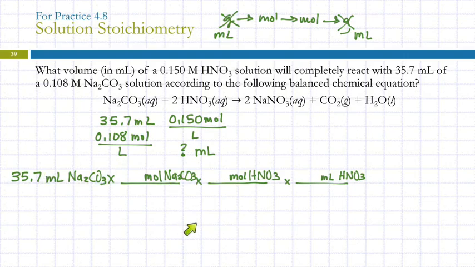So if I take this unit and put it down here, I'm going to have milliliters of sodium carbonate solution and moles of sodium carbonate solution and moles of HNO3.